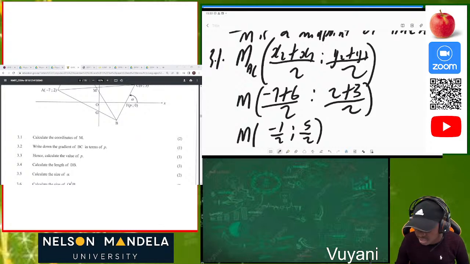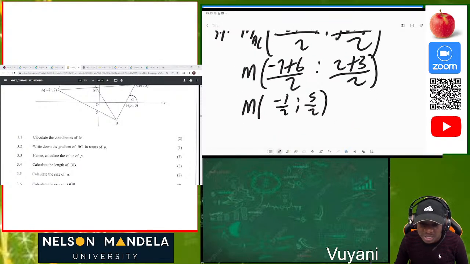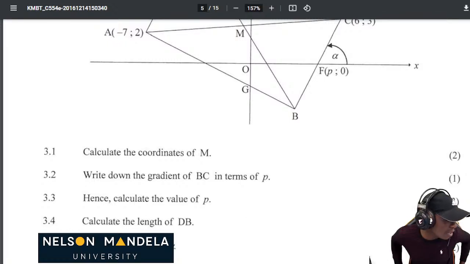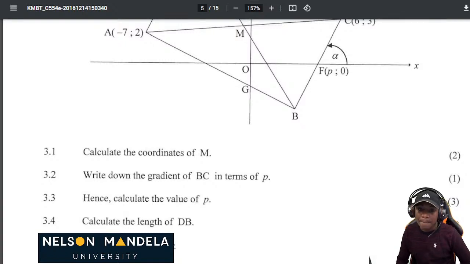What is the next question saying? The next question is saying, write down the gradient of line BC in terms of P. So how do we do that? How can we write the gradient of BC in terms of P?